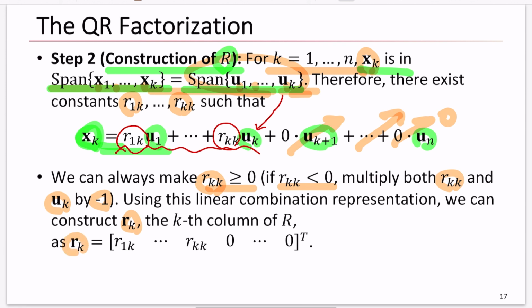I mean the coefficient vector. Coefficient vectors of this one, because rk is going to be r1k, r2k, rkk, and 0, 0, 0, 0 vector, transpose.